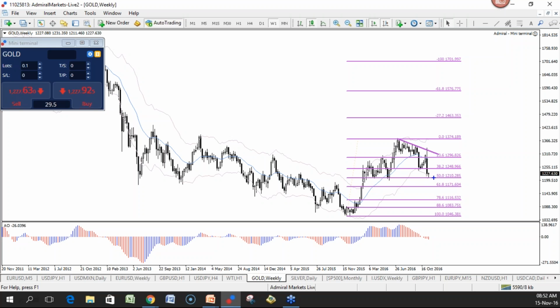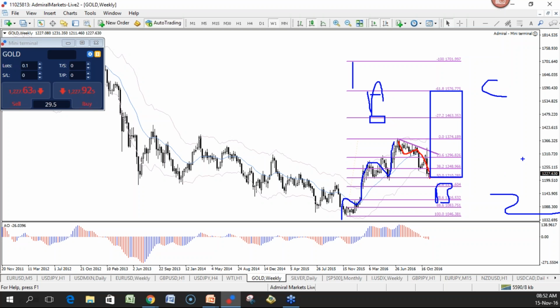Whenever I talk about the bouncing spot, I mean that this could be a 5-wave. If this is an ABC, then there could be another 5-wave up to the 272 target, up to the minus 61.8 target. That's a decent rally, and that could finish a bigger A, B, C, or it's a 1, 2, 3.